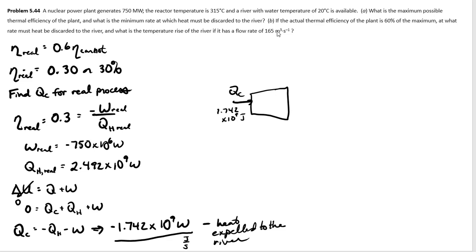How much water is in here? This is 165 cubic meters in 1 second. We can then look up the density, get the mass, and look up the specific heat, and then calculate delta T. So Q is equal to M C sub P delta T, and you can do that equation and solve for T2.